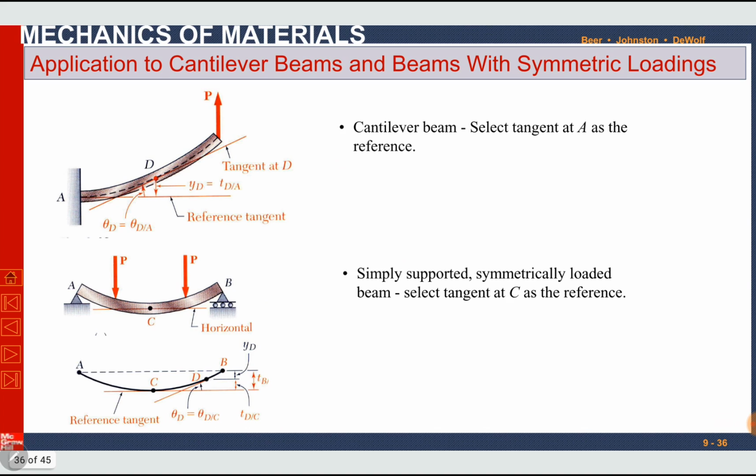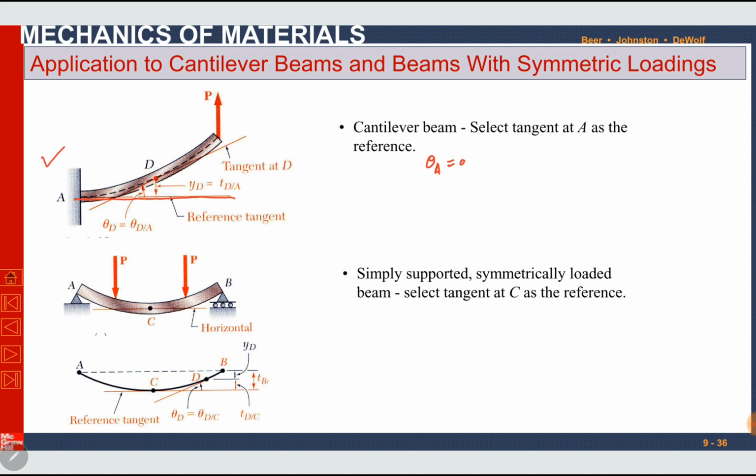Okay, for example, here is a cantilever beam. We always know that in a cantilever beam, at the fixed point the slope is 0. So we know the slope at the fixed point A. If we draw a tangent at A, it will be a horizontal line because it has a slope equal to 0. So we know theta A is 0.